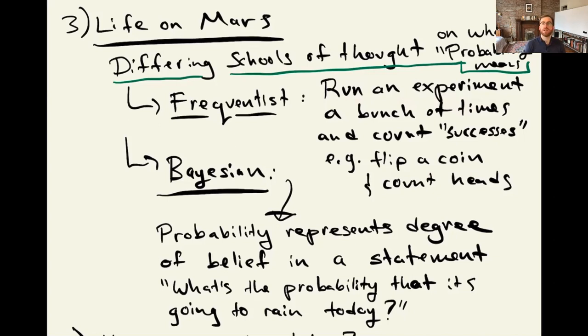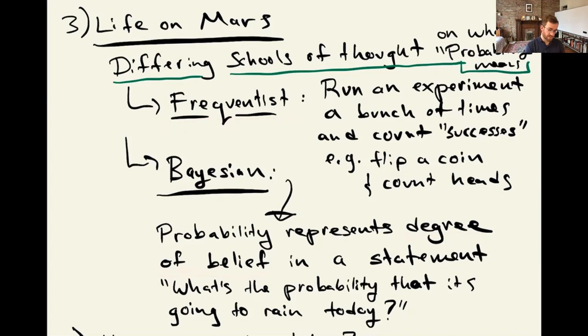There is an alternative perspective on what probability means, and this sometimes goes under the heading of what's called Bayesian. This is the idea that probability isn't just about repeating an experiment a bunch of times and counting the frequency. That's where the term frequentist comes from. Rather, it represents your degree of belief. Maybe it's not surprising that Thomas Bayes, the one who Bayesian is named after, was a preacher.